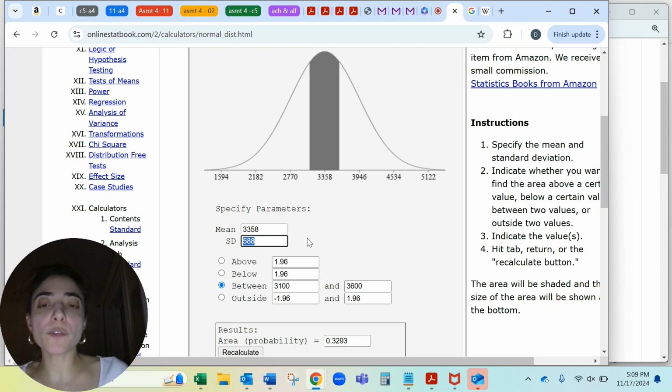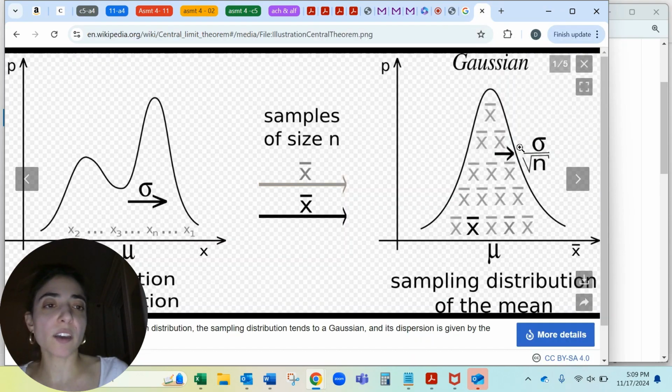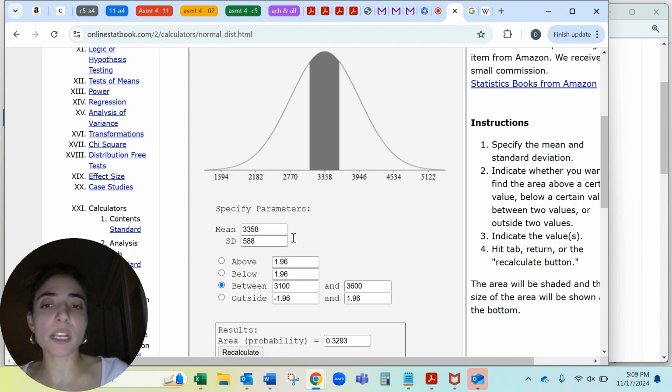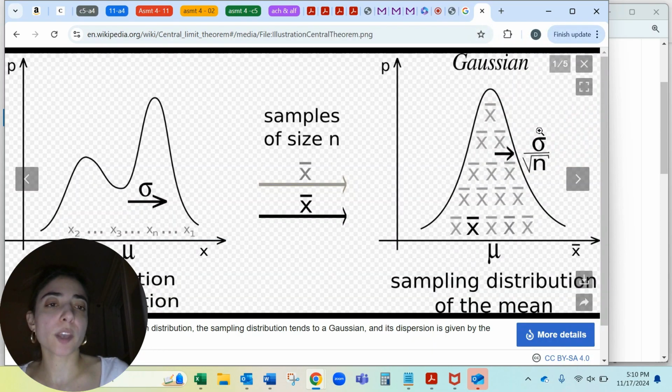And we can use the formula from the central limit theorem to calculate the new standard deviation. The number that needs to be put in this box we can calculate with this formula. So the standard deviation, as we are given it, is 588.